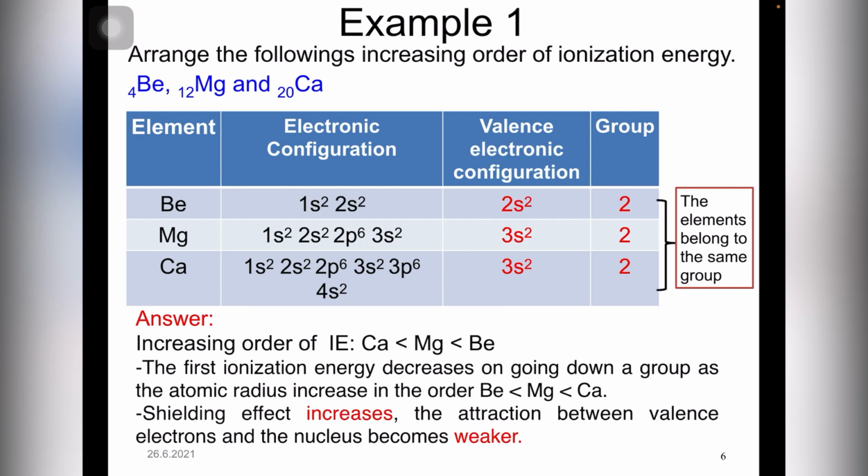So it shows that the shielding effect from beryllium to calcium increases, and the attractions between the valence electrons and the nucleus become weaker. So it just needs a small amount of energy to remove the outer electron. That's why the ionization energy decreases from beryllium to calcium.